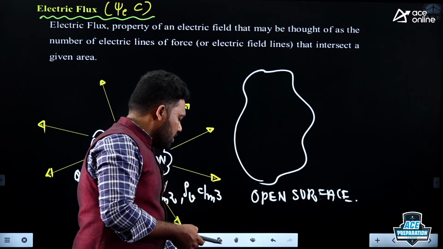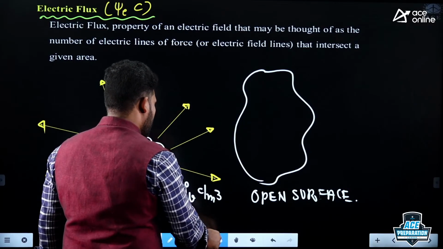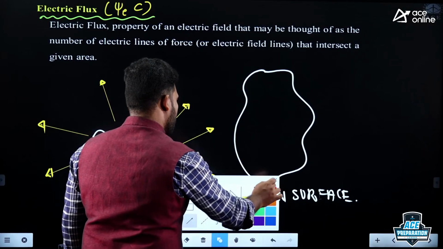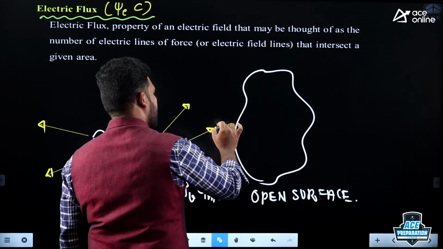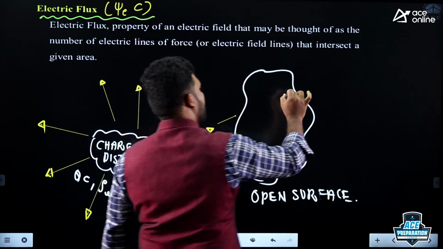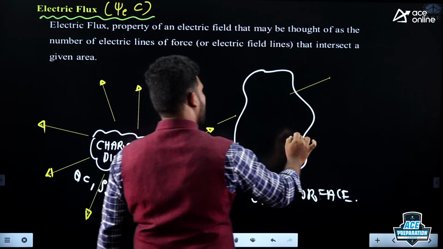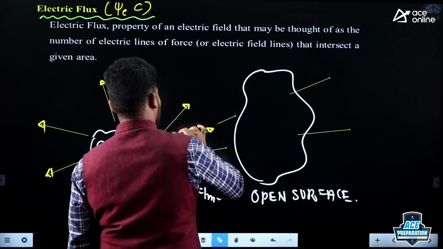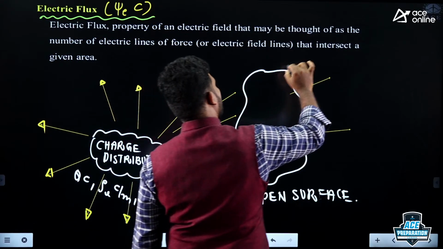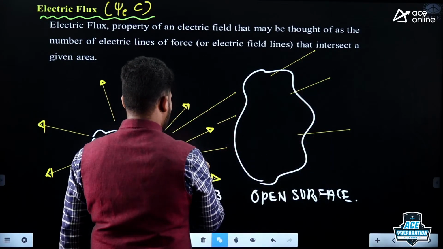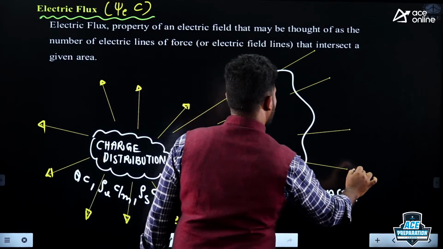Now, here are the electric field lines. Let me show you symbolically. Electric field lines are entering from here and leaving from here.